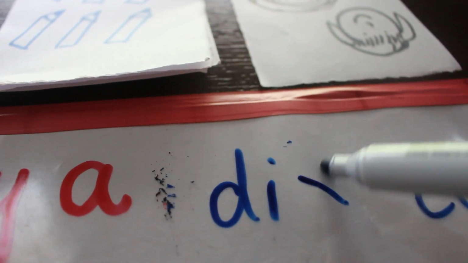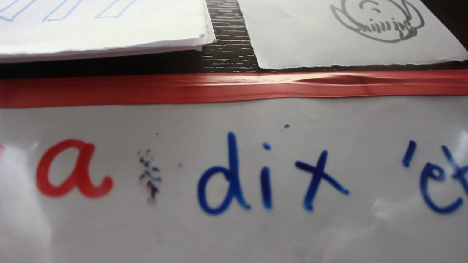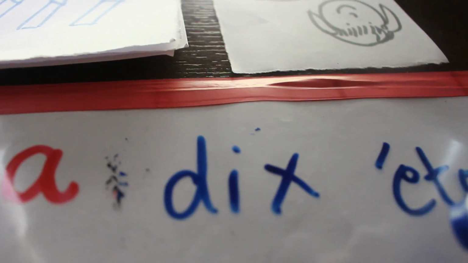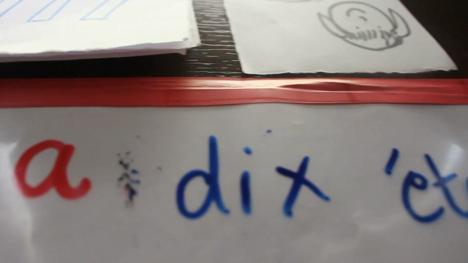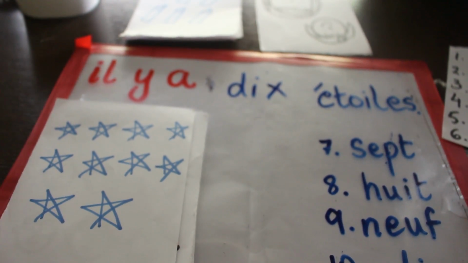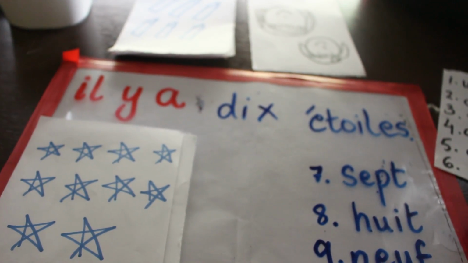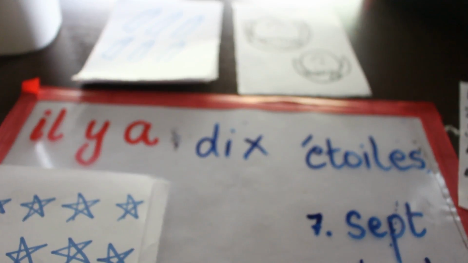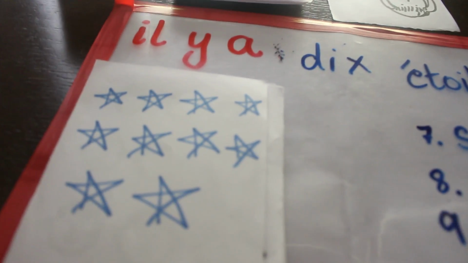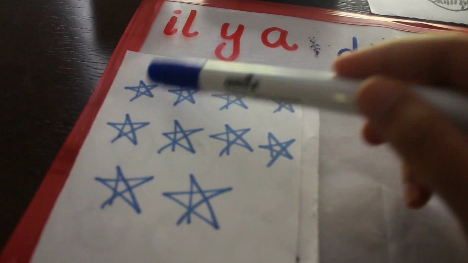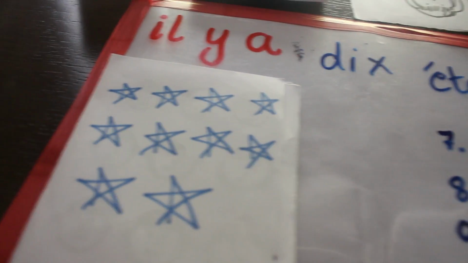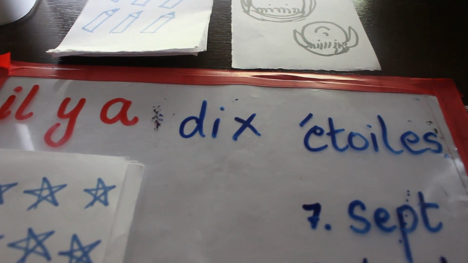And how many? 10 étoiles. Remember that because there's an E over here, it's a vowel, so this X will sound like a Z. Il y a 10 étoiles. Let's count them. 1, 2, 3, 4, 5, 6, 7, 8, 9, 10. Il y a 10 étoiles.